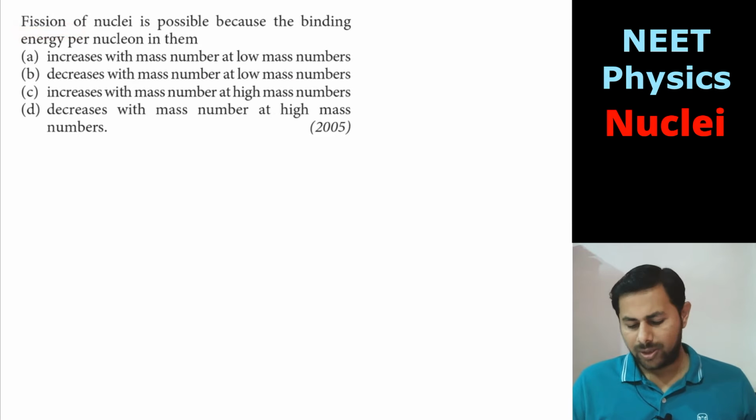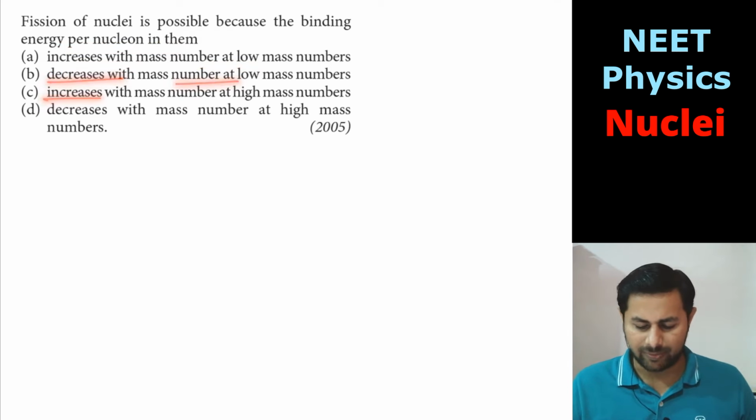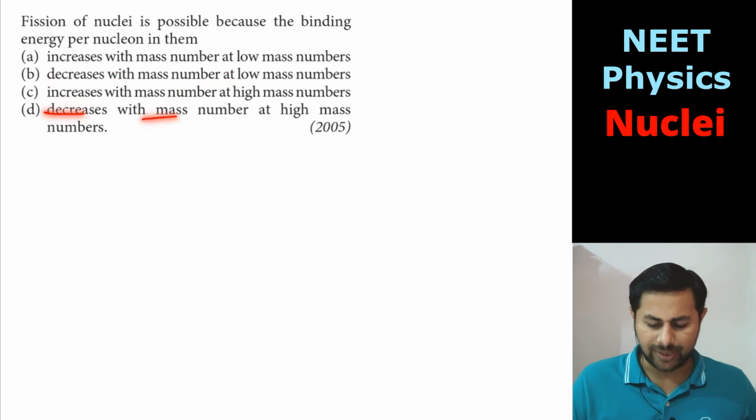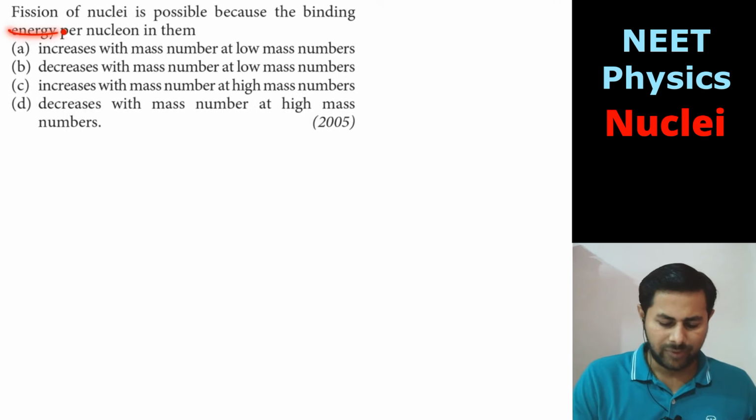Fission of nuclei is possible because the binding energy per nucleon in them increases with mass number at low mass numbers, decreases with mass number at low mass numbers, increases with the mass number at high mass numbers, decreases with mass number at high mass numbers. Tell me which one is correct. Where will the fission happen?